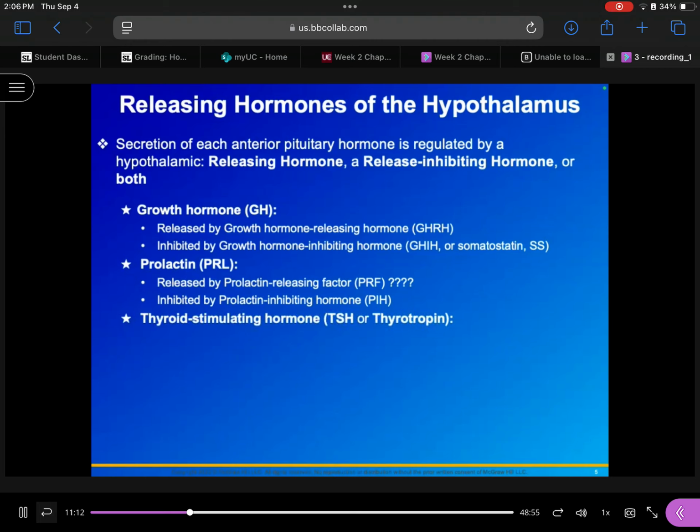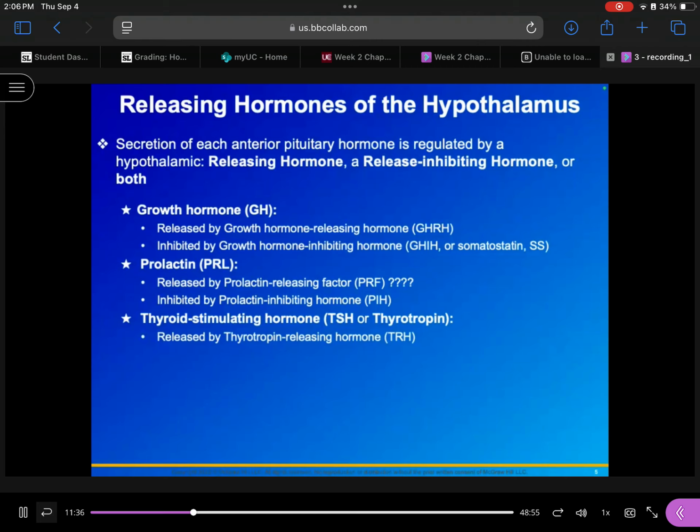Then we move on to TSH. We can also call this thyrotropin. And what did we say tropin meant? It's going to act on another gland. It's going to have its effect on another gland, and that's going to have an effect. All right, so we have thyroid stimulating hormone. I usually just call it TSH.